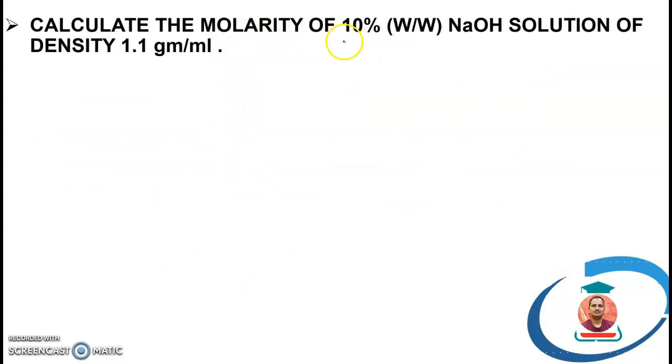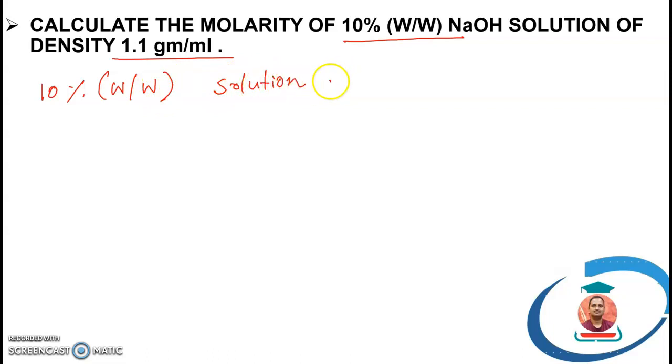Calculate the molarity of 10% W by W solution of NaOH, with density given. W by W means weight by weight. So what is the meaning of the term 10% W by W solution? It means 100 gram, which equals 100 by density.